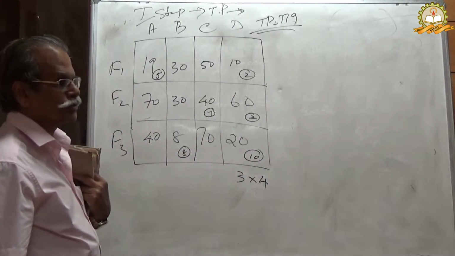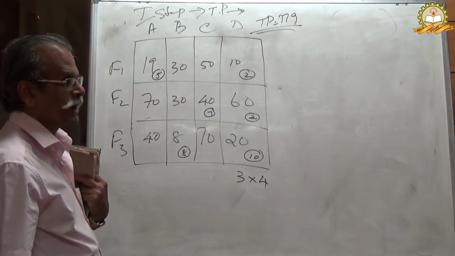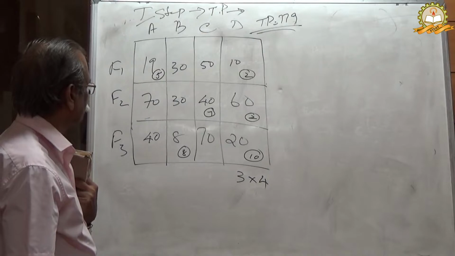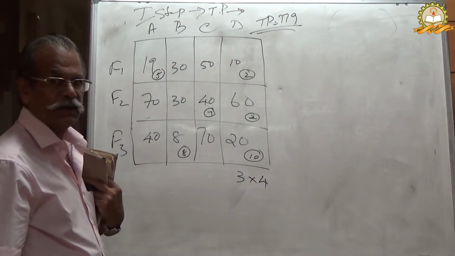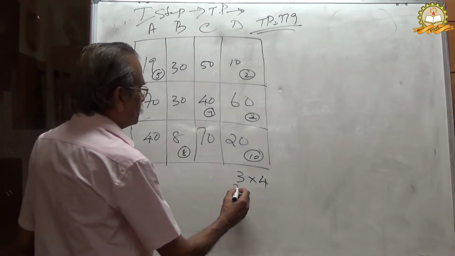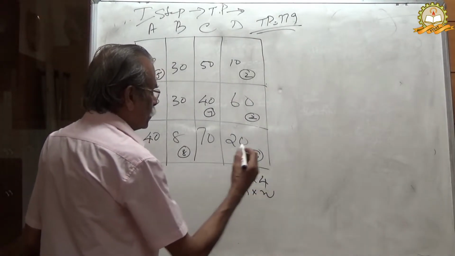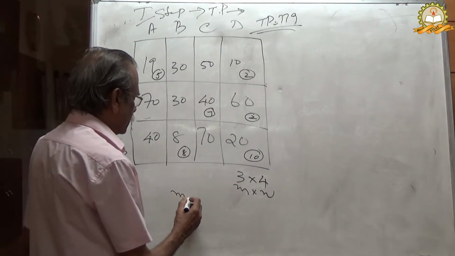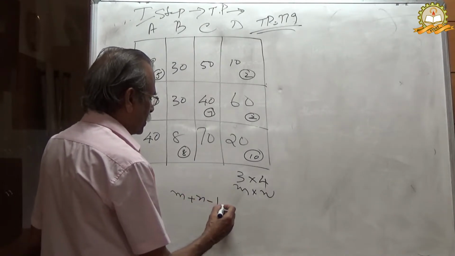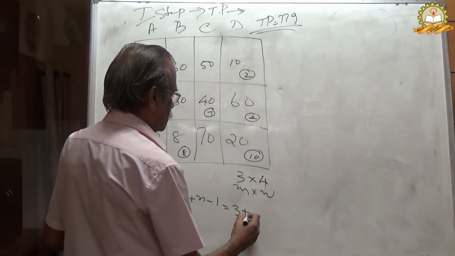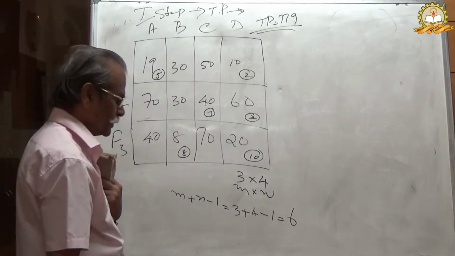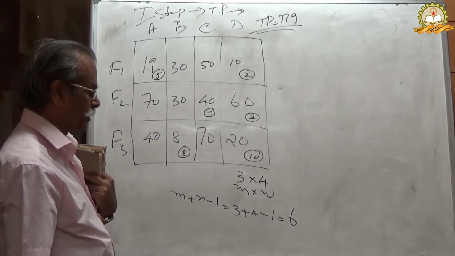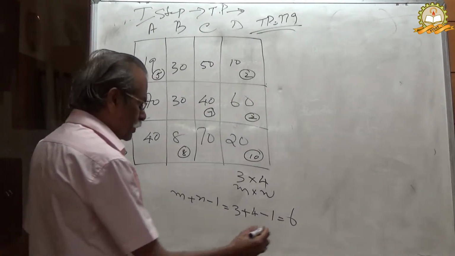The given question is a matrix of 3 into 4, 3 rows and 4 columns. Therefore, m plus n minus 1 equals 3 plus 4 minus 1 equals 6.